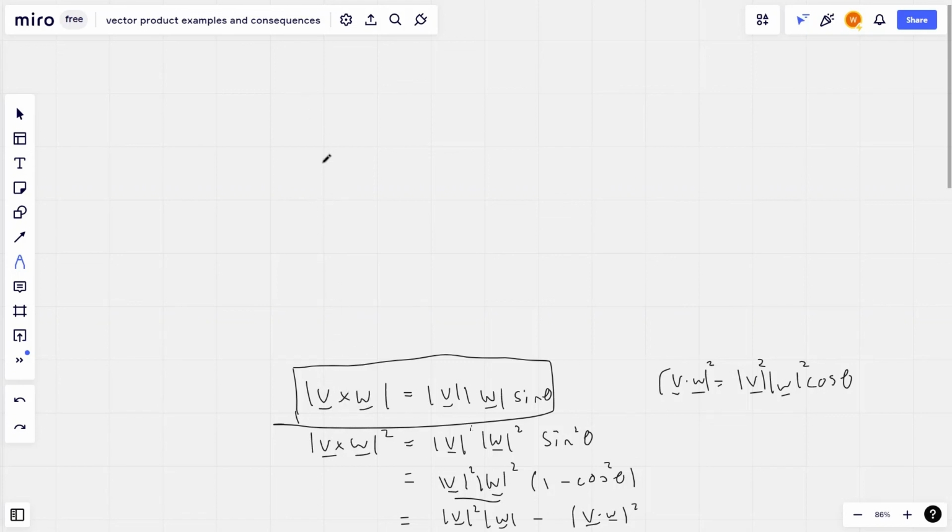The magnitude of this cross product is also 0. So this is helpful, because we're implying this relationship that if we have this equal to 0, then it implies that the angle between them is also 0.